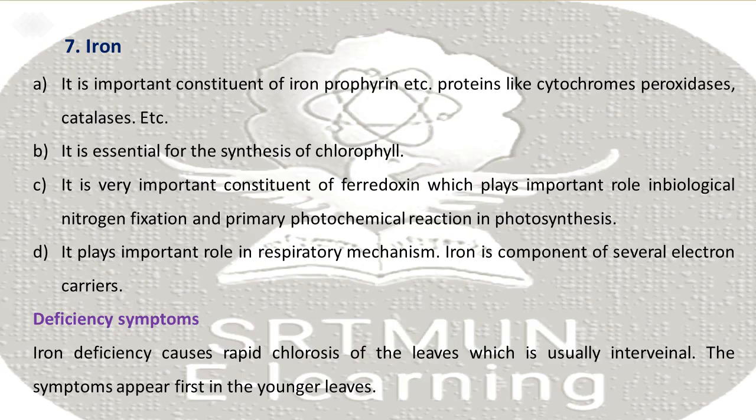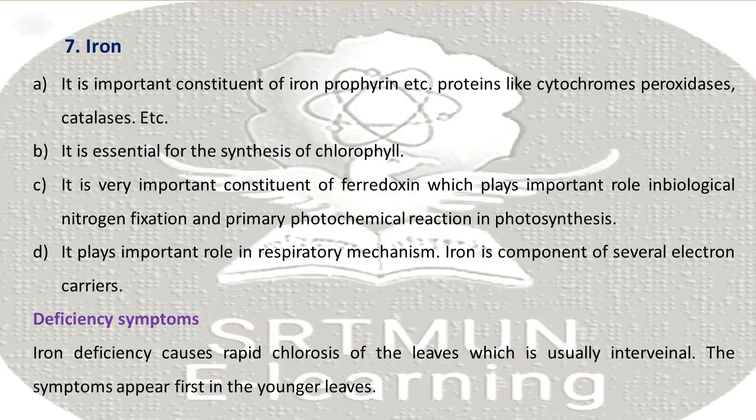Now, next point, last point, iron. It is an important constituent of iron porphyrin proteins like cytochromes, peroxidase, catalase, etc. Next point, it is essential for the synthesis of chlorophyll.